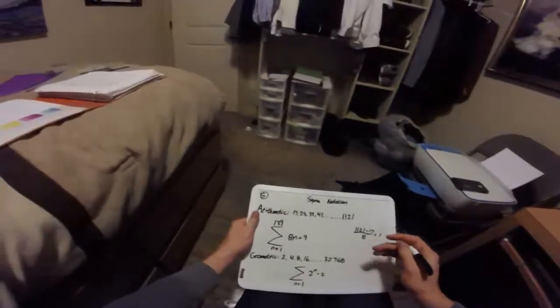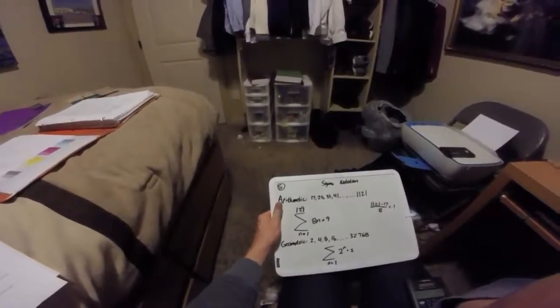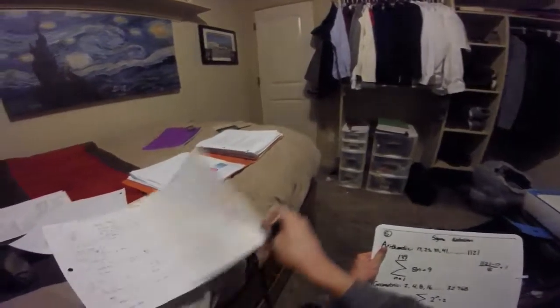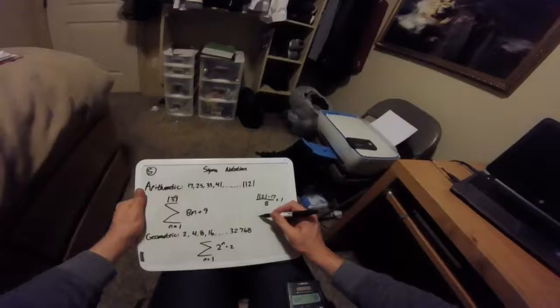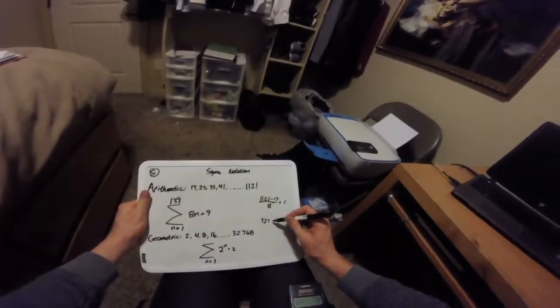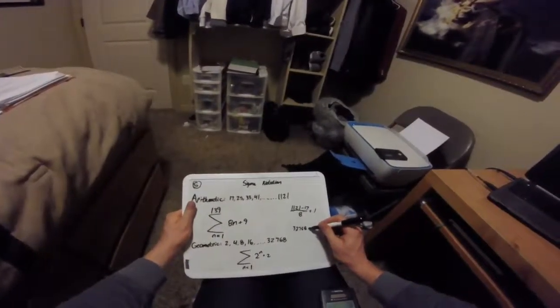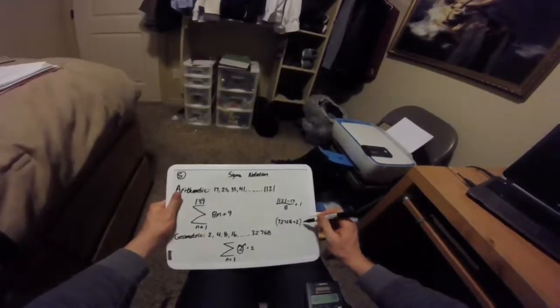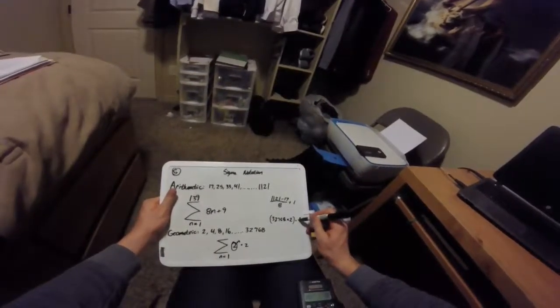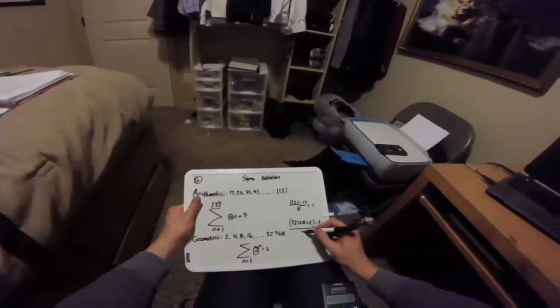Now, our number of terms in this sequence that we found before can be found as the last, 32,768 times the rate, which is 2, minus the first, divided by the rate minus 1.